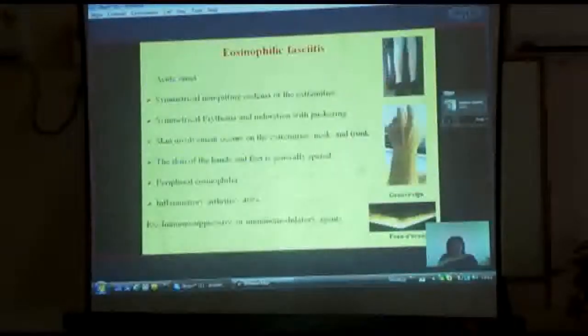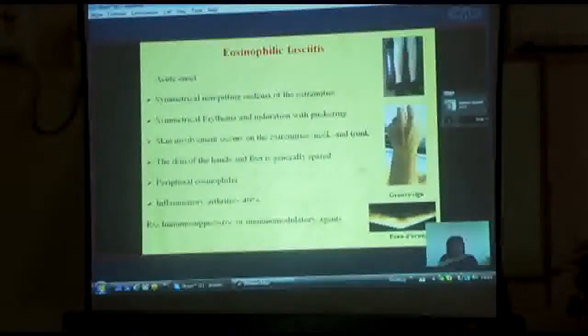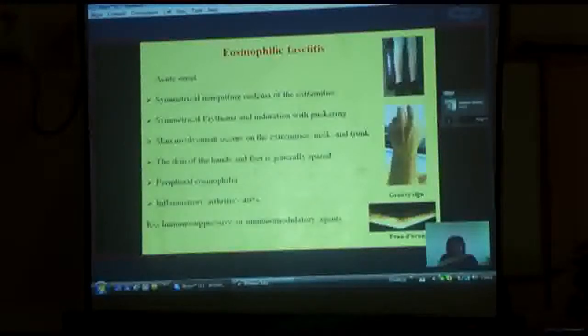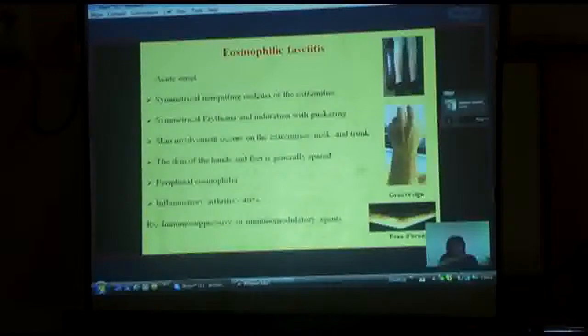Eosinophilic fasciitis is another autoimmune connective tissue disease. These patients present acutely with symmetrical non-pitting edema of the extremities, and symmetrical erythema and induration with puckering in their extremities, neck and trunk. The skin of the hands and feet is generally spared in these patients.